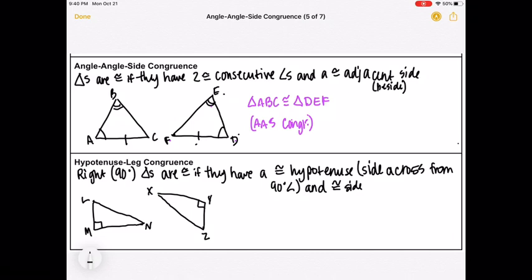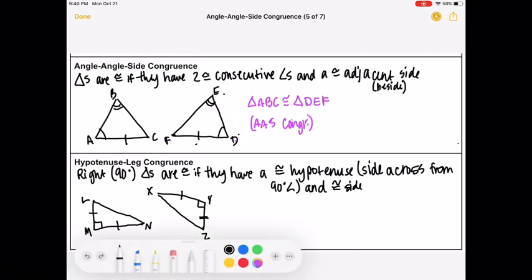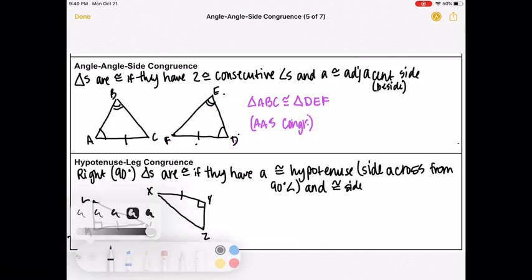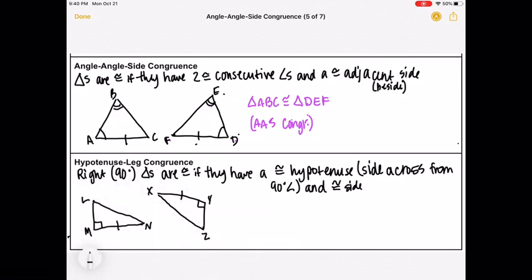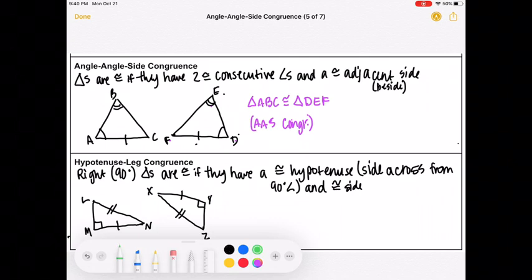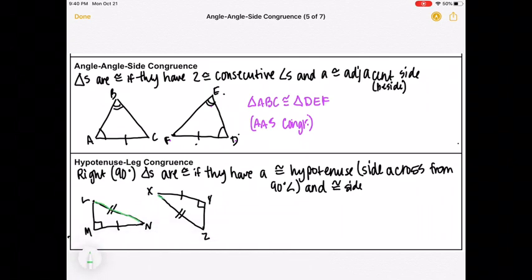So now I can look at this and see, so maybe they say that XY is congruent to side MN and YZ is congruent to side LM. All right, so the reason we can use this one now, oh, you know what? I need a hypotenuse. Whoops, there we go. Okay, so XY is congruent to MN, and then they're going to say LN is congruent to XZ. So our hypotenuse here is this side and this one, because they are across from the right angle.